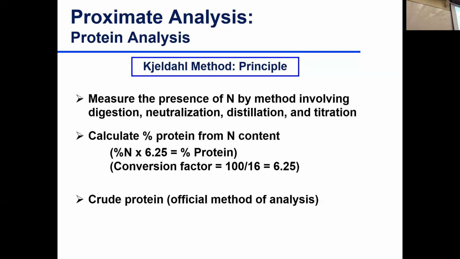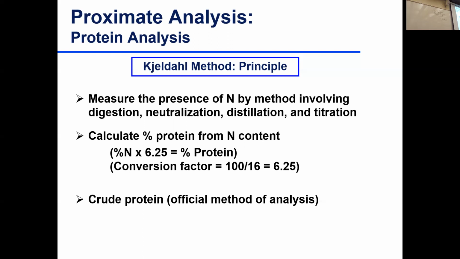So we'll talk about that. The method involves multiple steps. First, digestion with a strong acid. Second, neutralization with a strong base coupled with distillation. Neutralization and distillation happen together in one step. And the final step is titration.